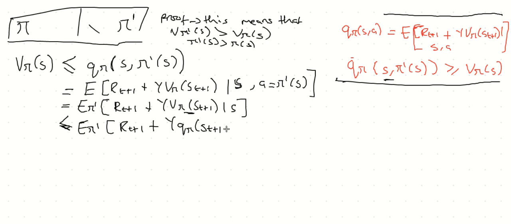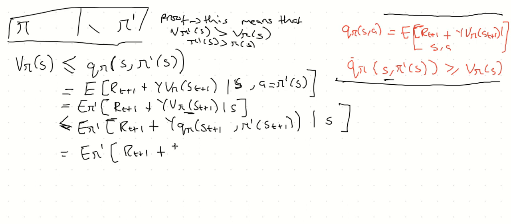So Q pi of S t+1 comma pi prime of S t+1, and this is all given S. This is the stage that we're at, and we can simplify this further and say this is equal to the expectation over pi prime of R t+1 plus gamma times, and Q pi of S comma A should be equal to the expectation shown here, so we're going to replace it with this expectation.